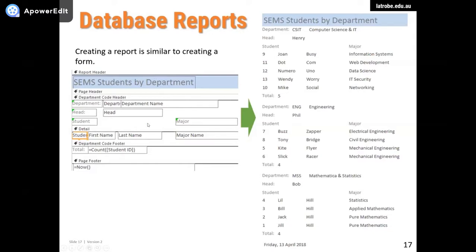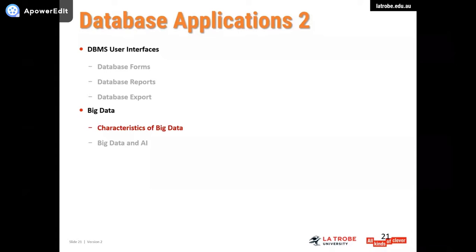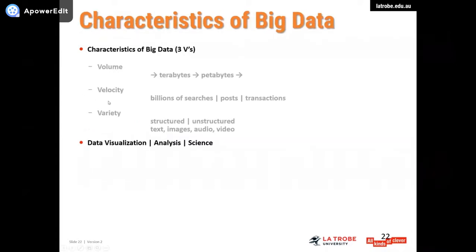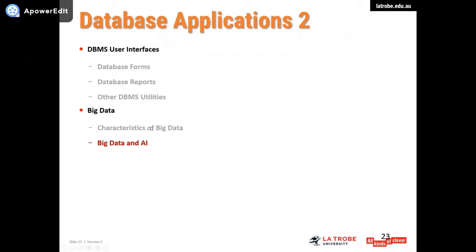Then is the big data. For big data, you should be able to explain the characteristics of big data in 3 ways: volume, velocity, and variety. And then for AI, you just need to know the definition of AI and to explain how it works. That will be fine.